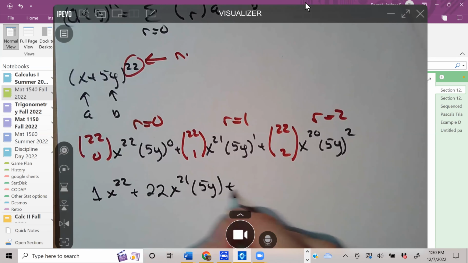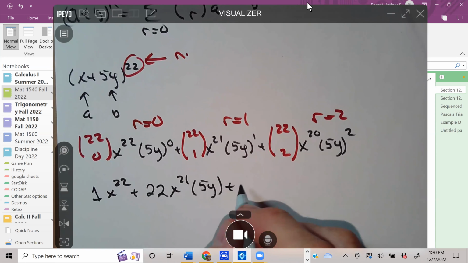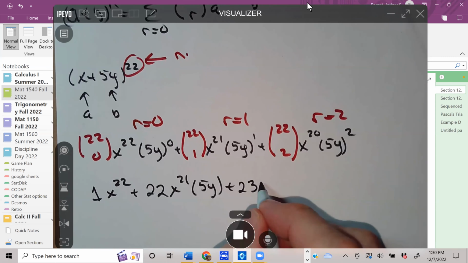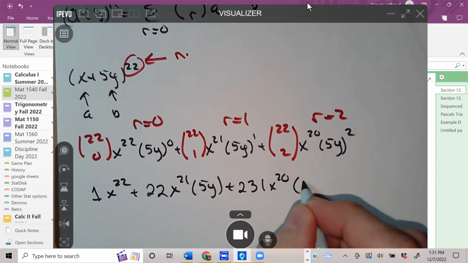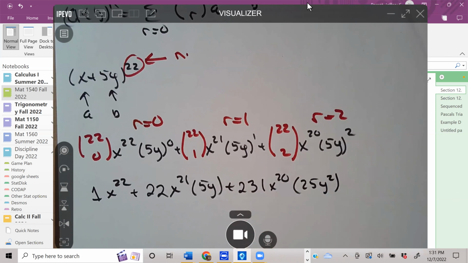This one, you might want to bust out the calculator. 22 choose 2. 11 times 21. 231. All right, awesome. 231 x to the 20th times 25 y squared.